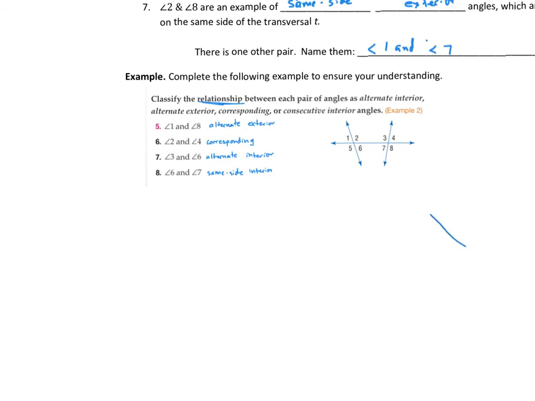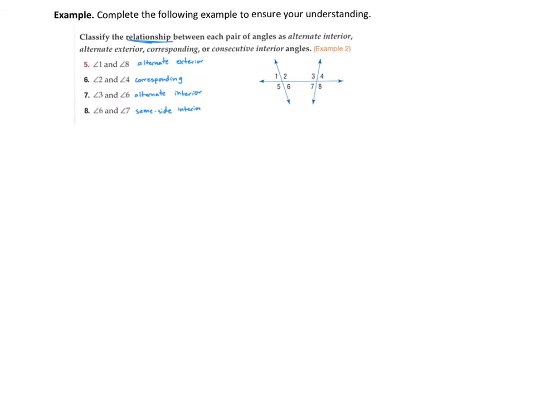Now before we move on to the next slide, there's a few other vocab words we have to go over. This time, they are vocab words pertaining to our lines. So first, we have intersecting lines. Then we have parallel lines.